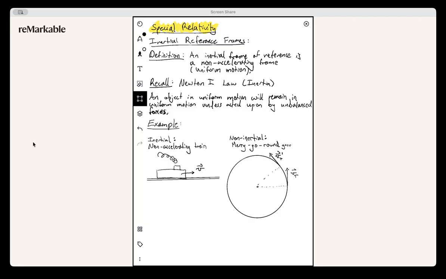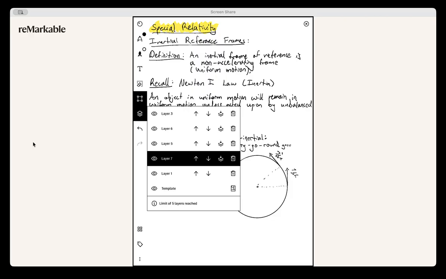Newton's first law does not apply, but we know that if we transform to the reference frame of the merry-go-rounder, then under that reference frame, they're stationary. And by Newton's second law, for them to be stationary, we need that the net force is equal to zero. But if there's the centripetal force acting inwards, what's the other force which is acting outwards to counterbalance that one? Well, to do that, we introduce a fictitious force, namely what's called the centrifugal force.